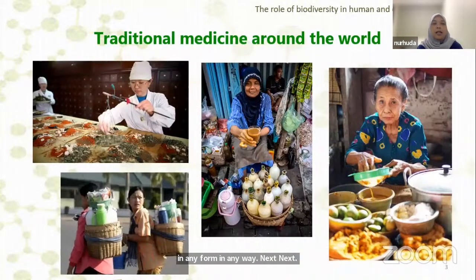Okay, and then I have some pictures of ladies carrying jamu. It's not necessarily sold as raw materials. They might also prepare the medicine, customized for you when you go there.